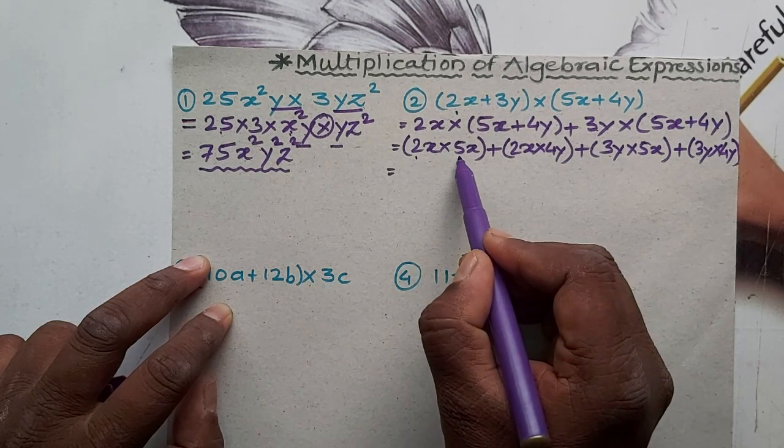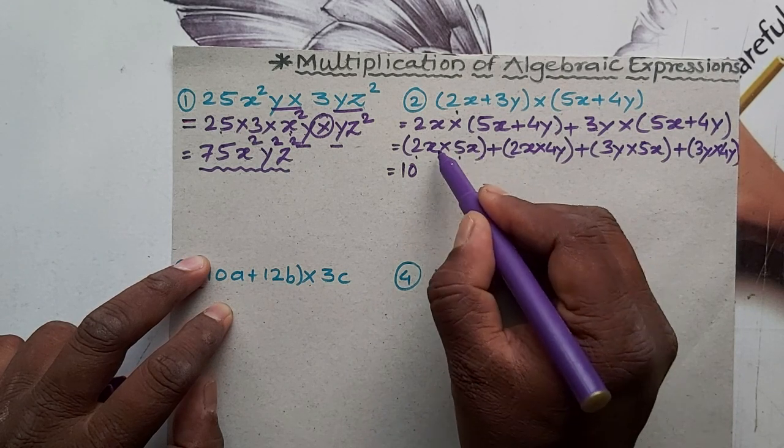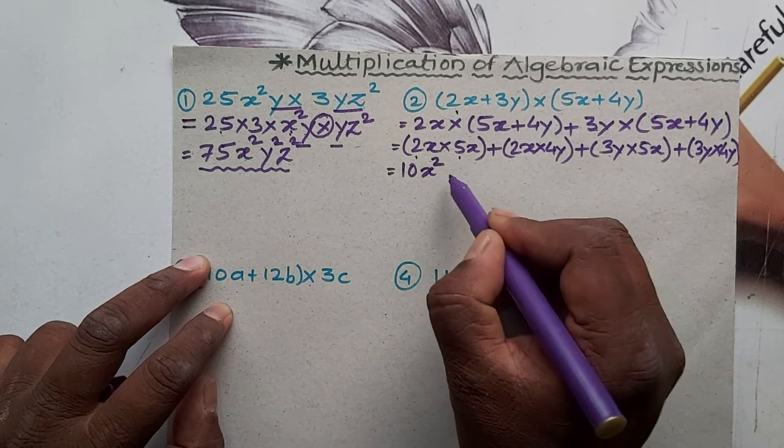Now we will solve this. 2 multiplied by 5, that is 10. x multiplied by x, so x square.